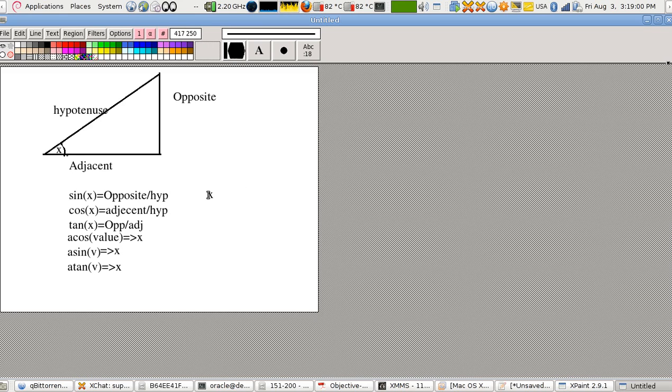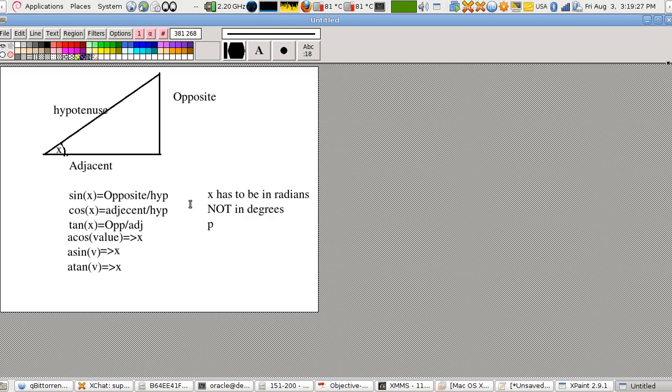Okay, so the x has to be in radians, okay, not in degrees.